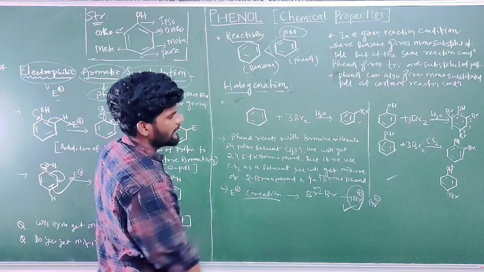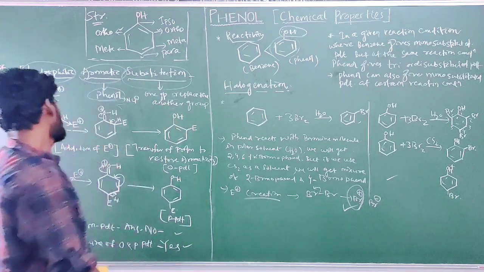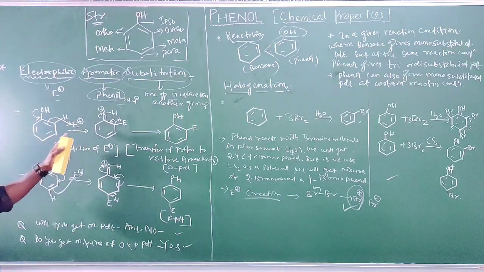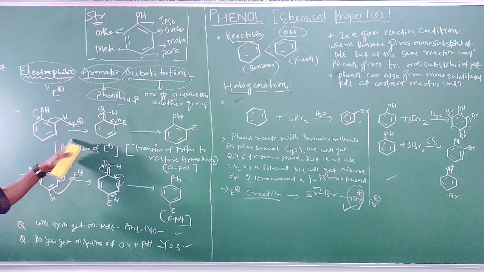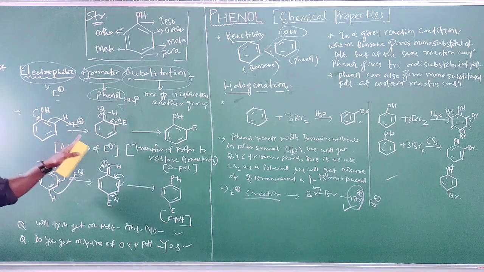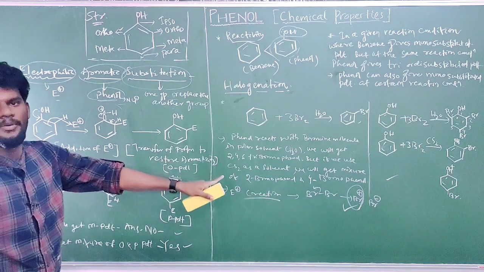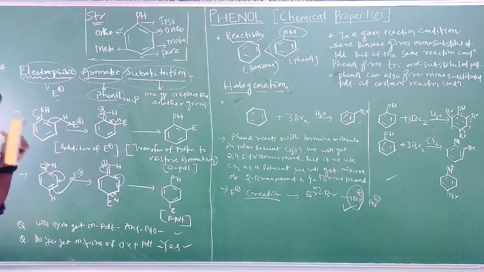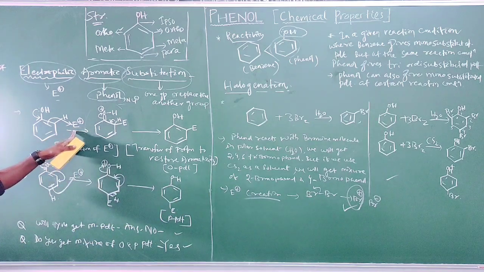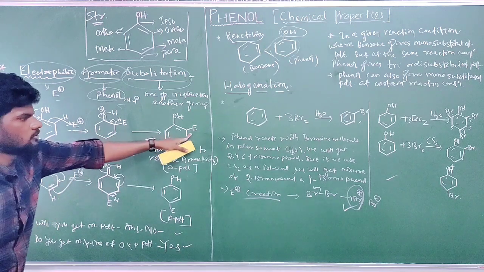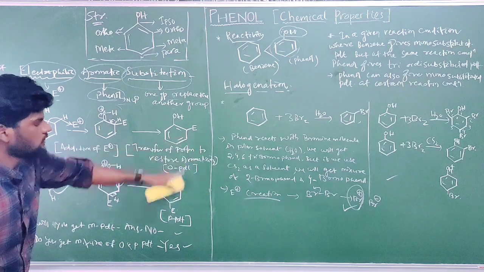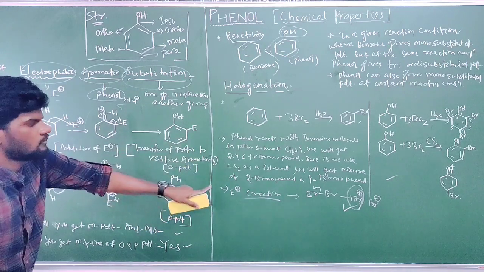Next is the mechanism. It is exactly the same as this mechanism, just E plus is replaced by Br plus. If you replace E plus by Br plus, not Br minus, the electrophile is Br positive. Then at the ortho position we get the ortho product, and at the para position the para product.